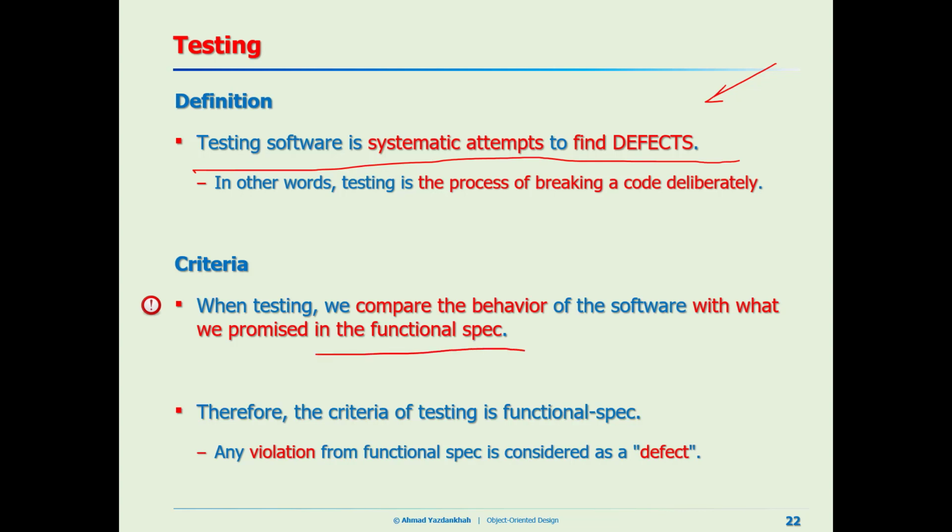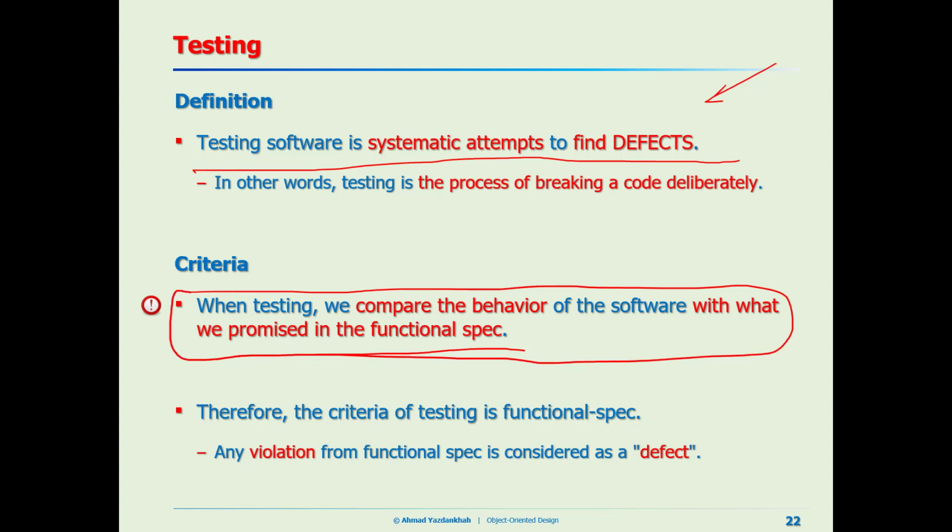So the functional spec is actually our criteria for testing. All right. And any deviation between the current software and whatever we promised in this functional spec will be called a defect. All right, and that's a violation and it should be fixed.